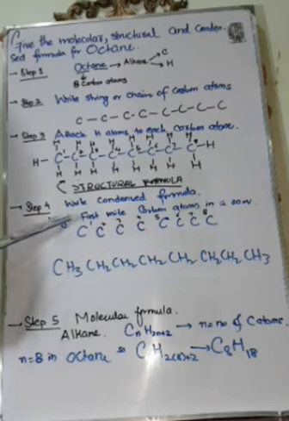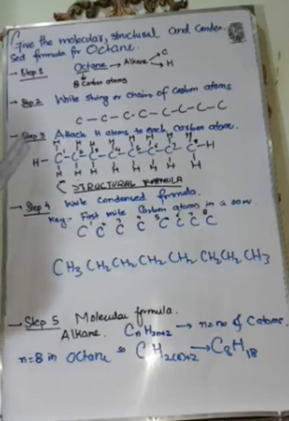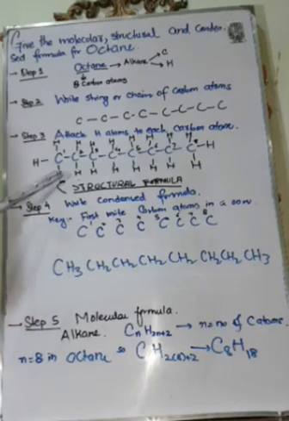In order to write the condensed formula for octane, we will first write the carbon atoms in a row. We will number these carbon atoms, and after numbering, we will compare the number of hydrogen atoms attached to each carbon atom. For carbon number 1, in this structural formula, 3 hydrogen atoms are attached.